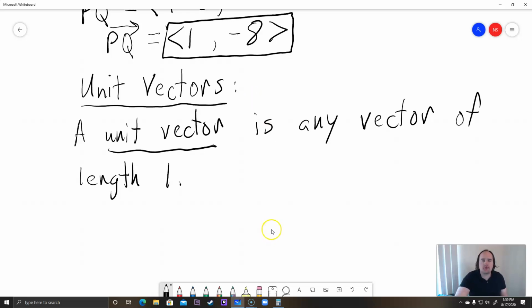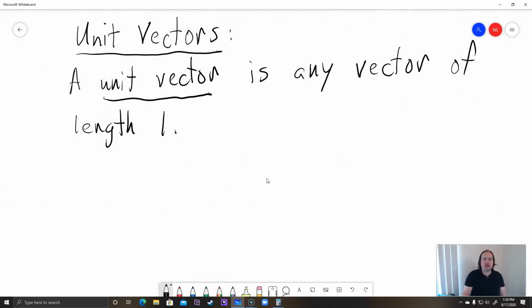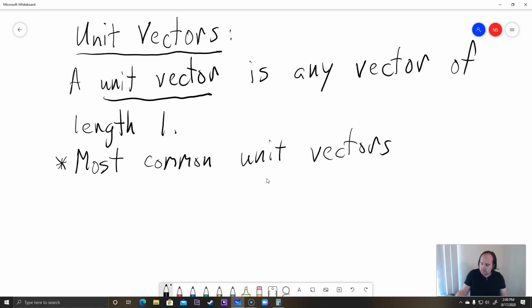And the most popular unit vectors, sometimes called the standard unit vectors, are going to be called I, J, and K. Okay, so the most common unit vectors are, people usually put a hat over them. So you have I hat, which is the vector 1, 0, 0.